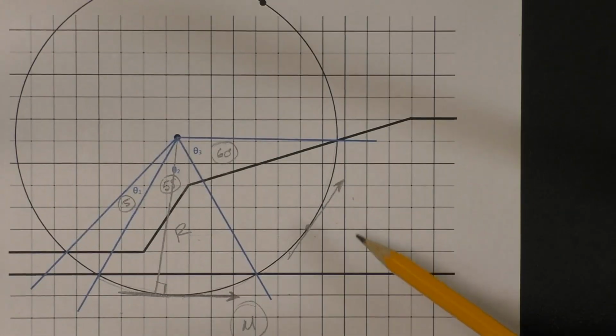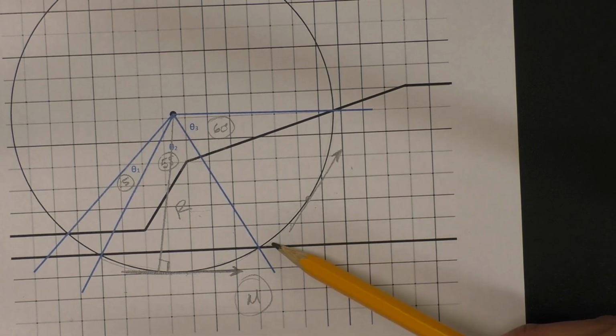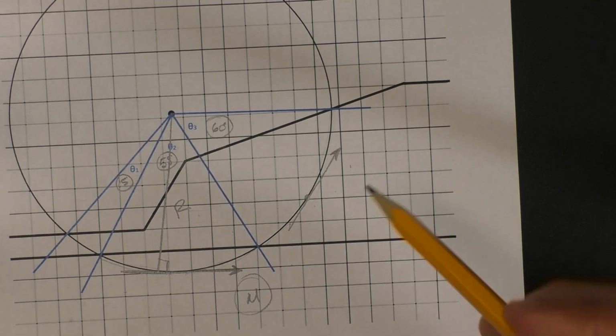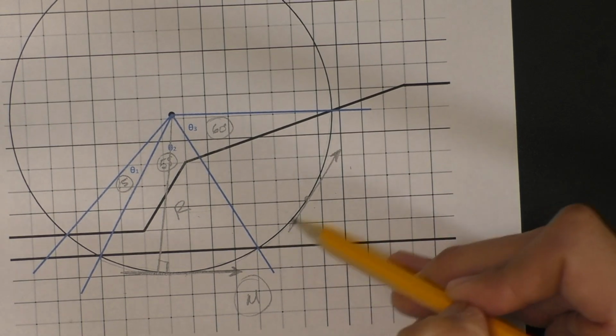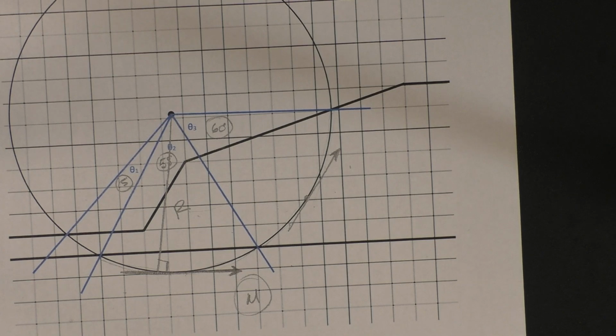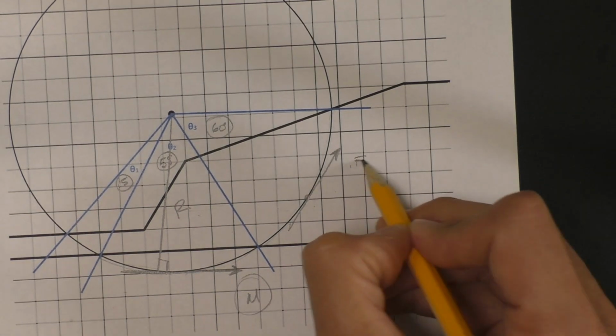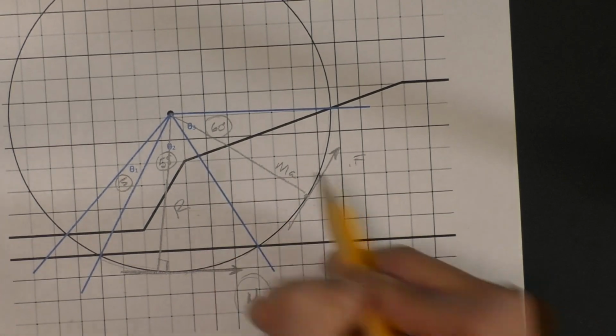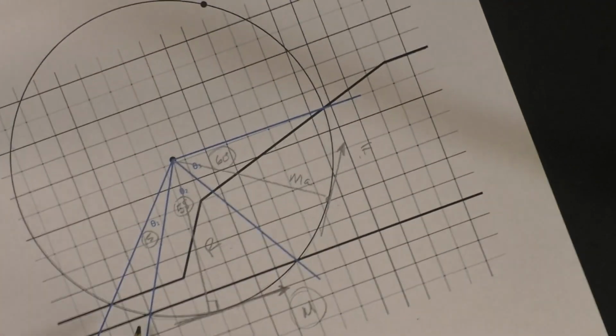That's a force that comes from the strength of this soil and an area. That is the area defined by the arc length and 1 meter into the page. That is the force. And then this is the moment arm. And of course here we have another one.